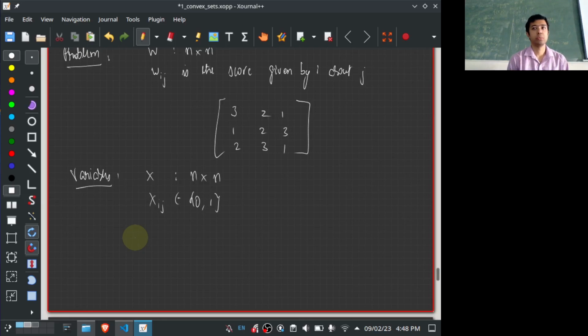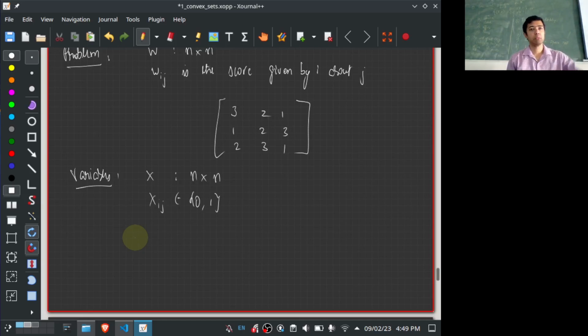So basically, you look at the matrix X. The row sum for each row should be equal to 1. The column sum for each column should be equal to 1. Agree? Remember, the rows are indexed by the students, the columns are indexed by the advisors.